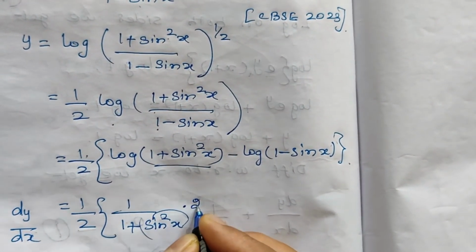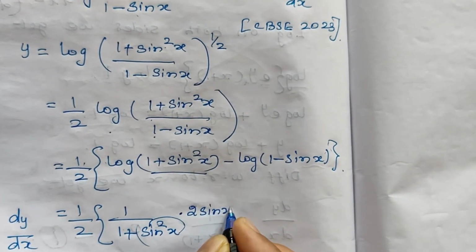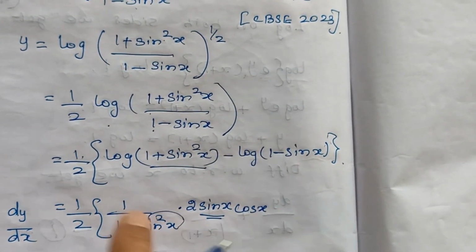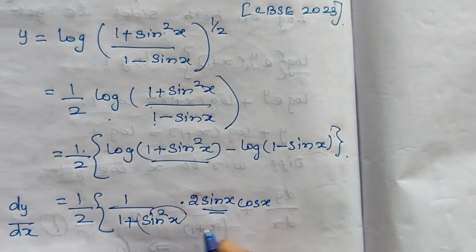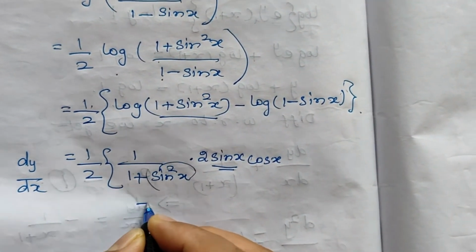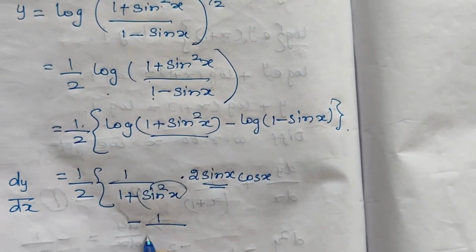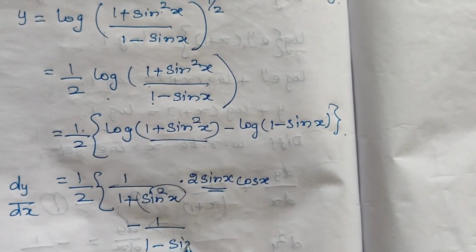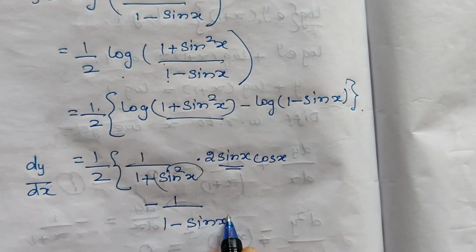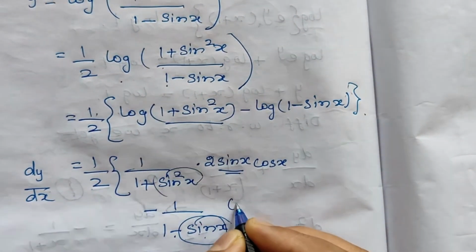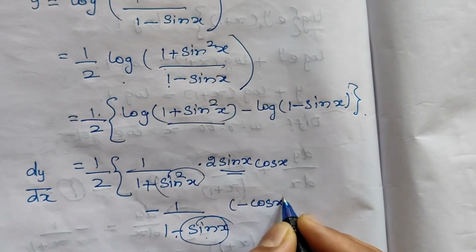That is 2 sin x, then differentiation of sin x is cos x. Next here minus log of 1 minus sin x, so 1 by 1 minus sin x. Then differentiation of sin x is cos x. Here minus is there, therefore minus cos x.